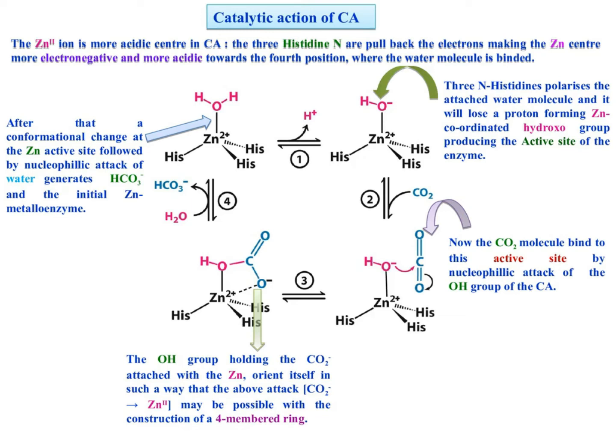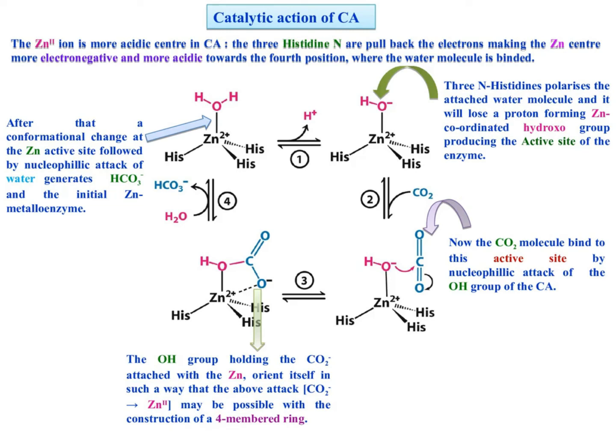Now the last step, after the conformational changes of this 4-member ring and followed by the nucleophilic attack to the zinc center, releasing the HCO3 minus from the catalyst, the initial carbonic anhydrase metalloenzyme is returned back and completes the catalytic cycle.